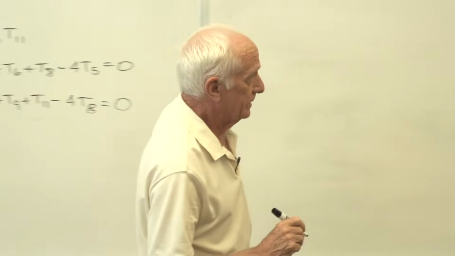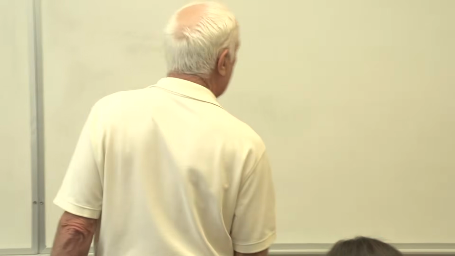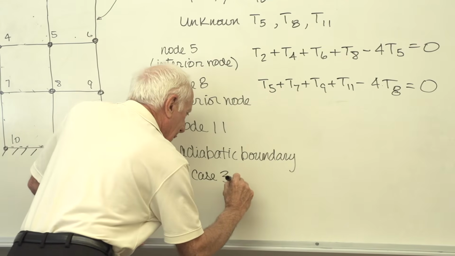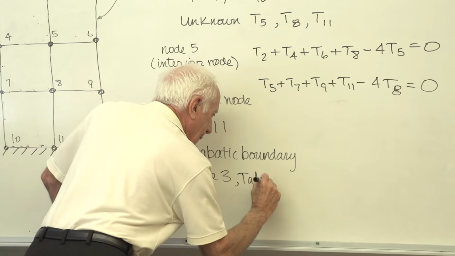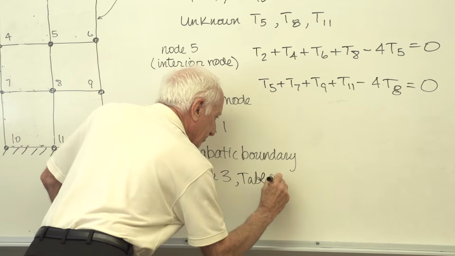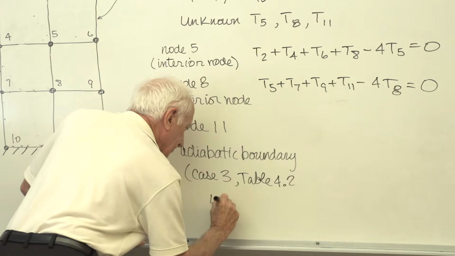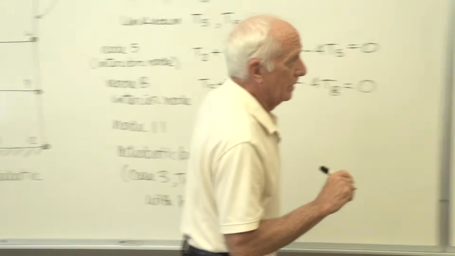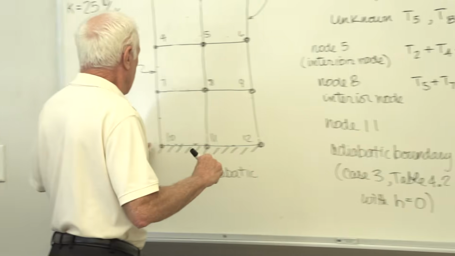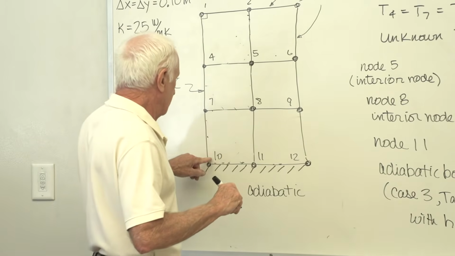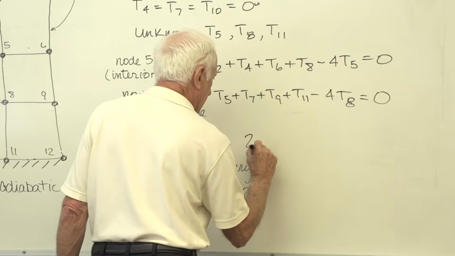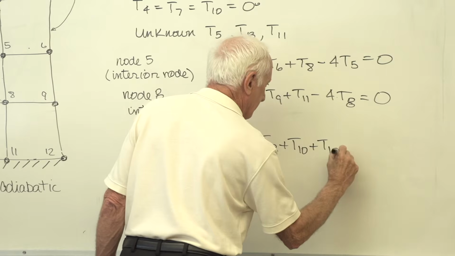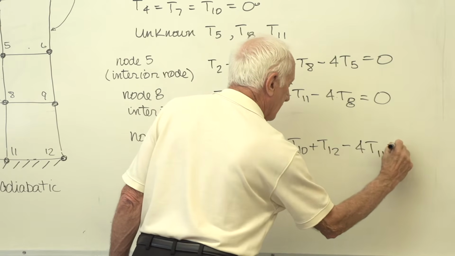I'll just say it's case 3 with h equals 0. 2 times T8 plus T10 plus T12, minus 4 times T11 equals 0.